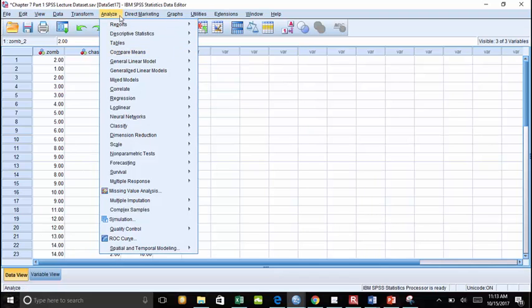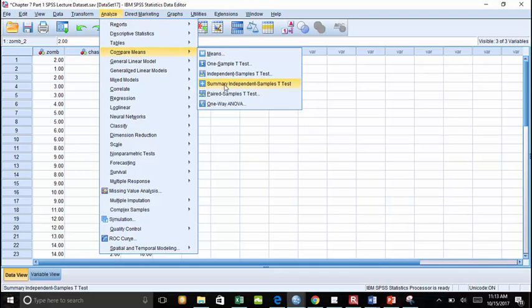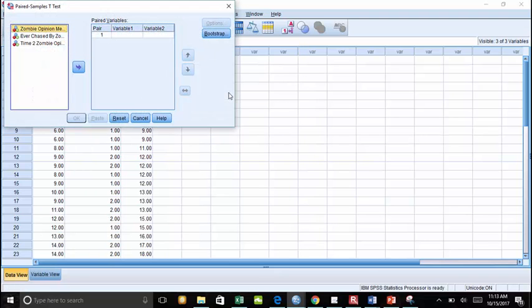So Analyze, Compare Means, Paired Samples t-test. Here are your paired variables, variable 1 and variable 2. In this case, we have this first one, the zombie opinion measure time 1. And this is the second time people took the zombie opinion measure.